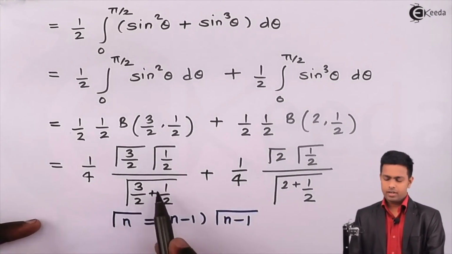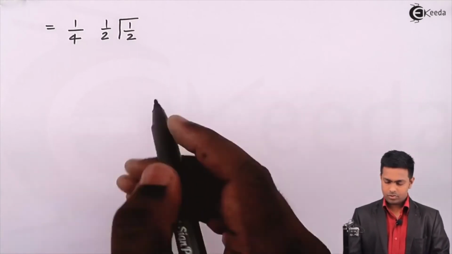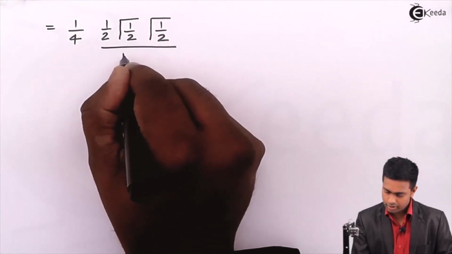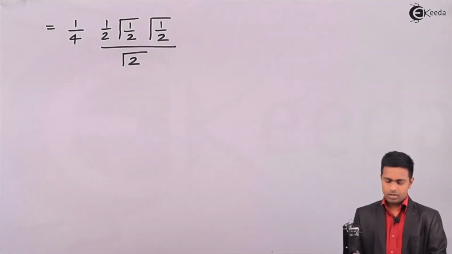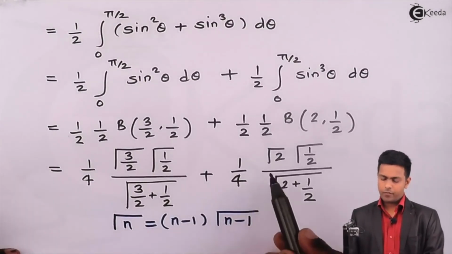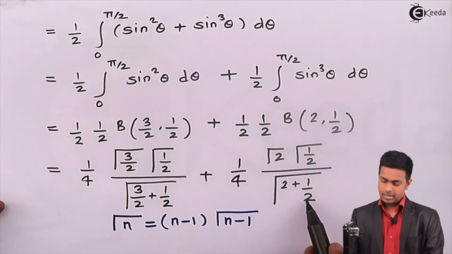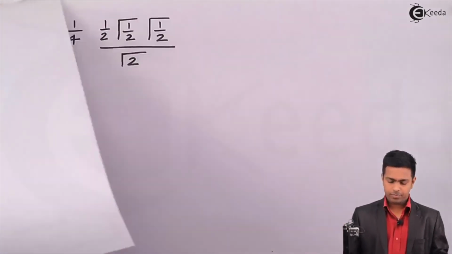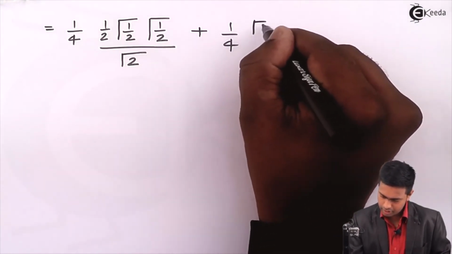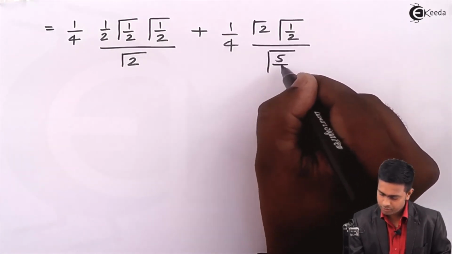In the denominator 3 plus 1, 4 by 2, that is 2, so gamma 2. Then 1 by 4 gamma 2 as it is, and gamma 1 upon 2, and this will be 5 by 2, so gamma 5 by 2. So plus 1 by 4 gamma 2 gamma 1 upon 2 upon gamma 5 by 2.